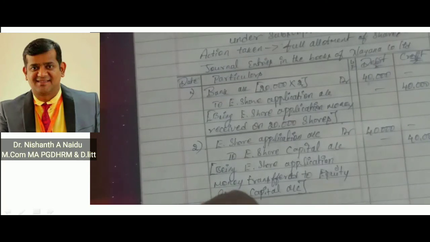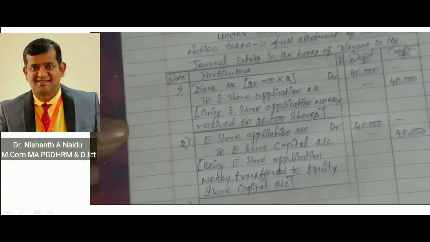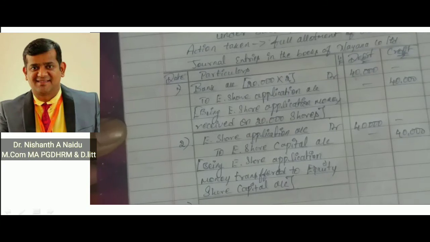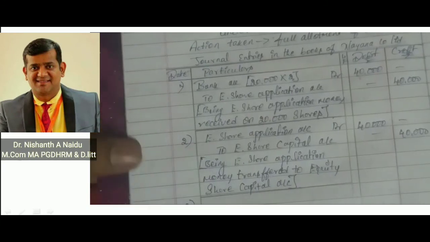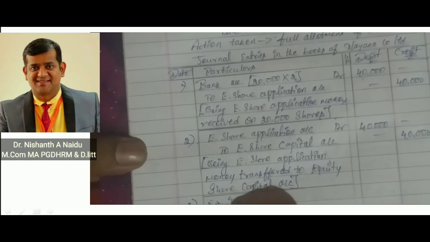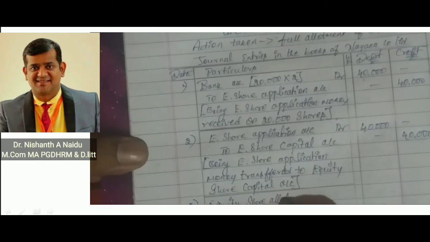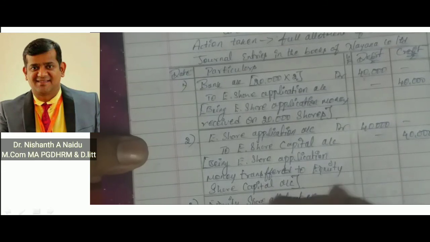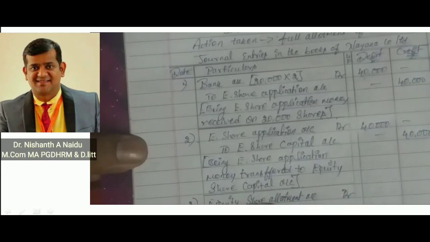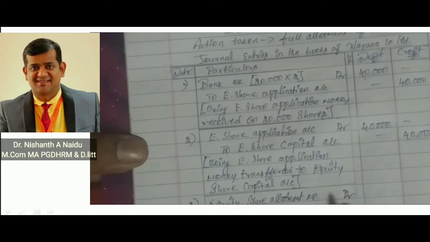So the third entry is the due entry. Due entry of what? Allotment money. Clear? Allotment money due. So equity share allotment account debtor to equity share capital account.